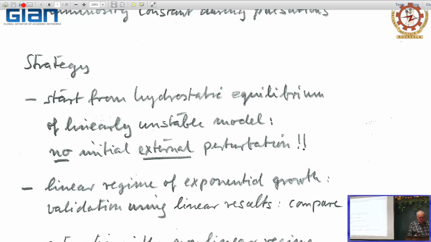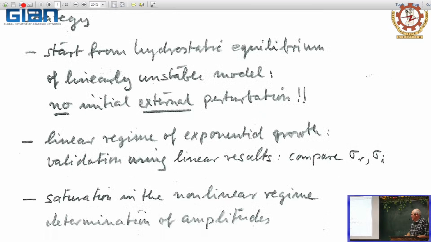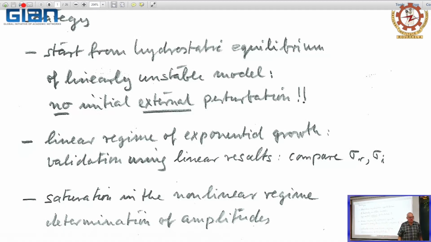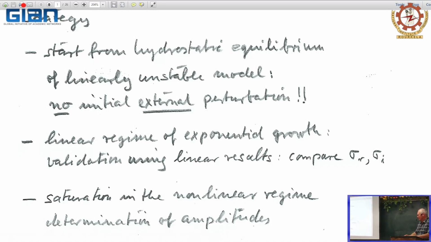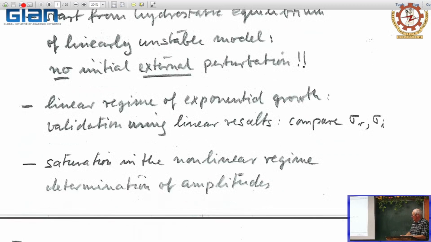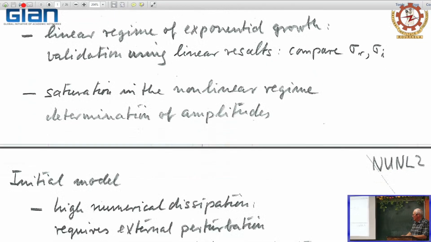Only then can we be sure that we are really simulating the evolution of the instability and not any numerical artifact. Once we have saturation in the nonlinear regime, then we can determine the amplitudes and the final fate of the instability or the unstable model.